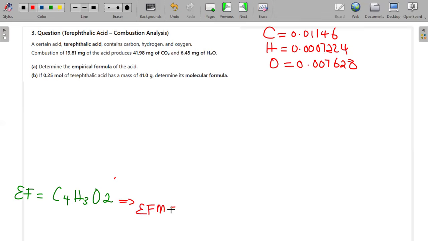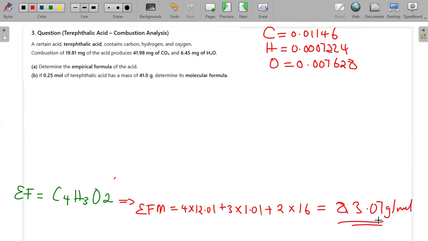It will be 4 multiplied by the molar mass of carbon, plus 3 multiplied by the molar mass of hydrogen, plus 2 multiplied by 16. If I punch this on my calculator, it's 83.07 grams per mole. This is my empirical formula mass.